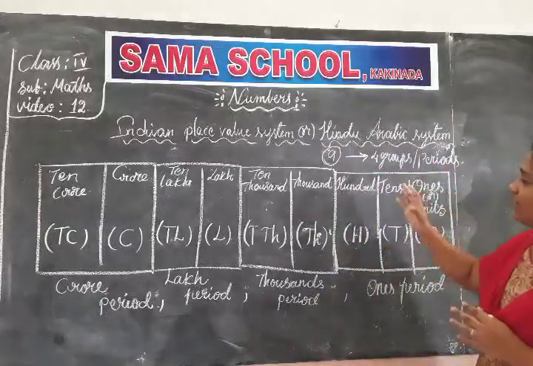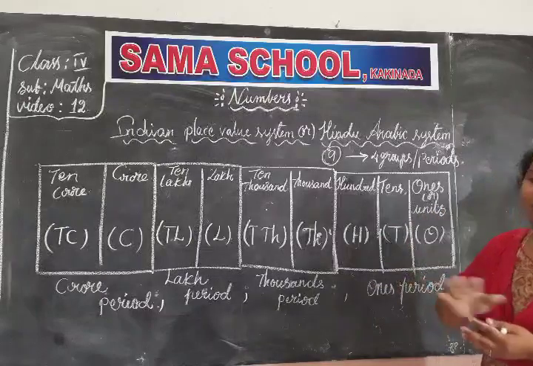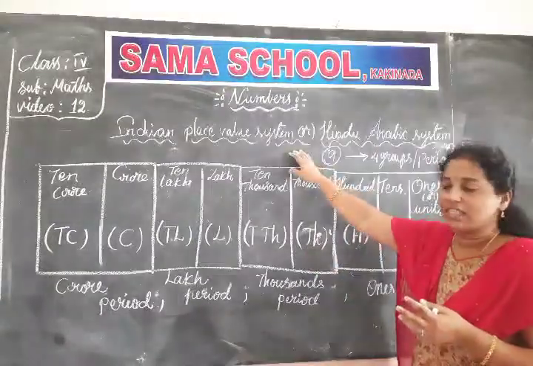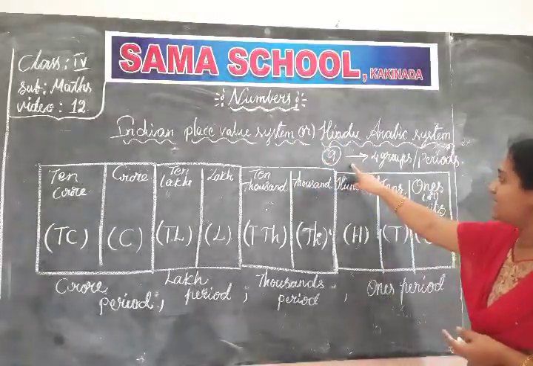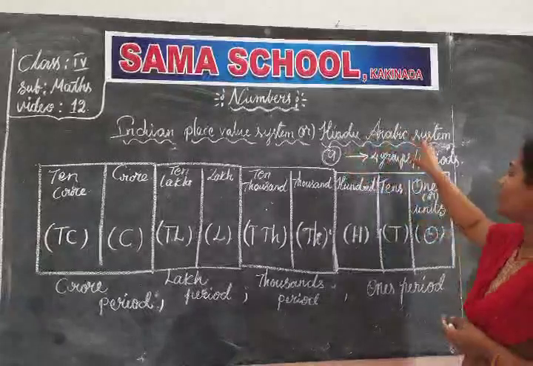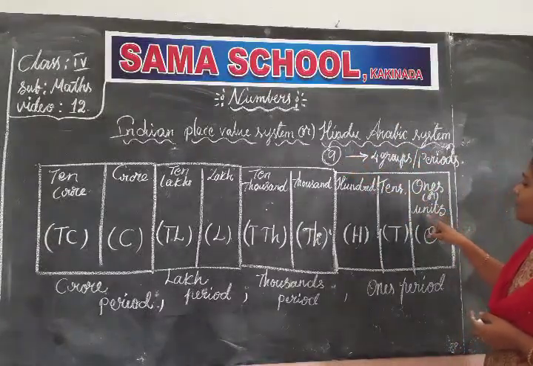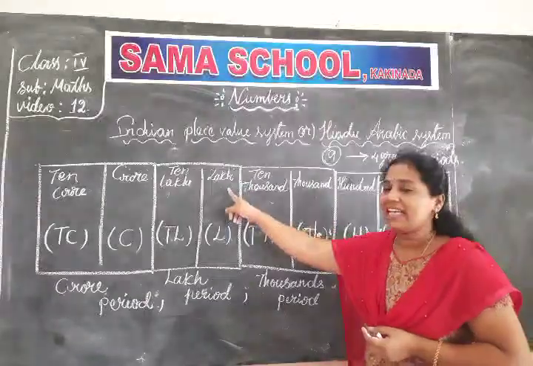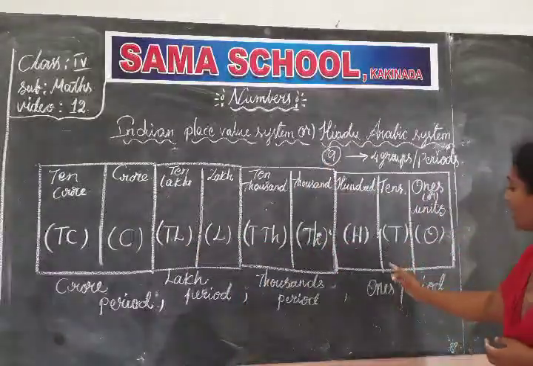Okay, once again I will recollect all these points. The Indian place value system is applicable all over India. Indians have used this place value system. The Indian place value system has 9 places. These 9 places are divided into 4 periods. What are those 9 places? Ones, tens, hundreds, thousands, ten thousands, lakhs, ten lakhs, crore and ten crores.